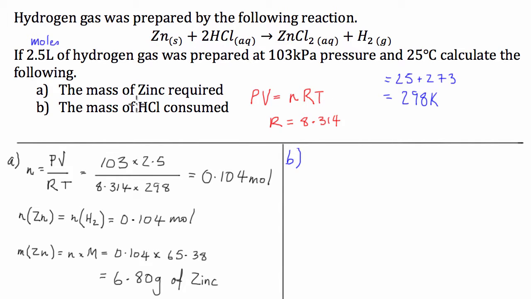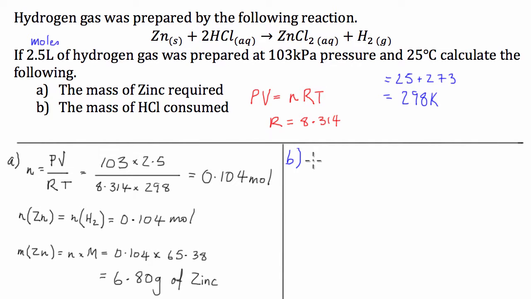So, the mass of hydrochloric acid consumed. Now, like part A, we're going to use the number of moles of hydrogen gas, and we're going to use it with the molar ratio to work out the number of moles of hydrochloric acid required. So, as you can see, there are 2 moles of hydrochloric acid required for every 1 mole of hydrogen gas produced.